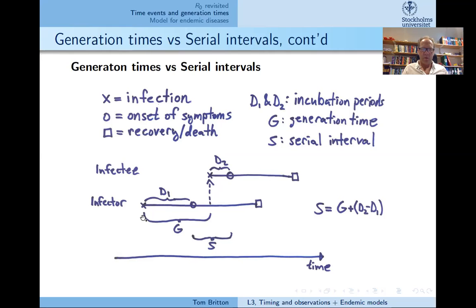So in this drawing, this is the generation time, and this is the serial interval. It's the time between onset of symptoms of the two individuals, and this is the time between the infections of the two individuals. So from this figure, it's clear that the serial interval equals the generation time plus the difference of the two incubation periods.